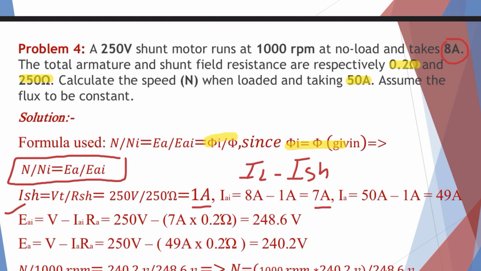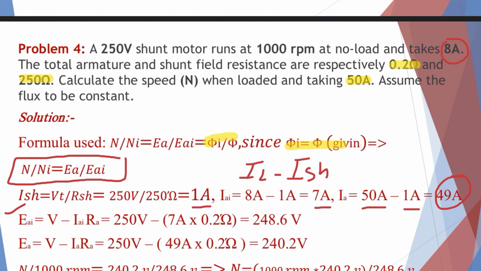The answer is 7 amperes. Then for the loaded case, IA equals 50 amperes minus 1 ampere, which is 49 amperes.